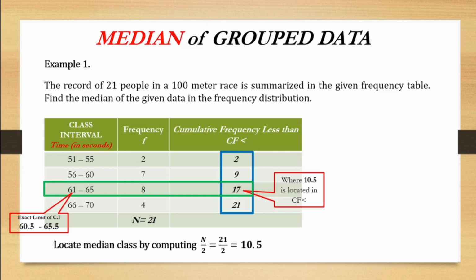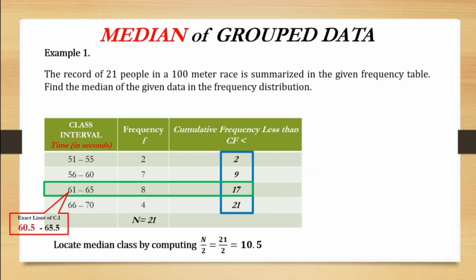Since we subtracted 0.5 from the lower limit, we add 0.5 to the upper limit, which is 65, so 65 plus 0.5 is 65.5. So our exact limits for the class interval are 60.5 to 65.5. But we only need the lower exact limit, so our L is 60.5.